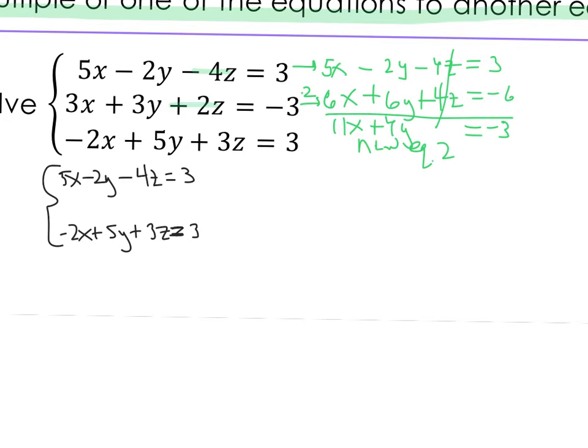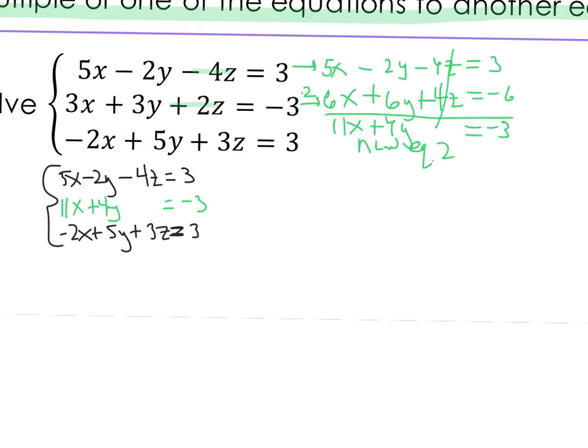Remember, I'm going to take the new equation 2 and put it in the position of equation 2. So equation 2 is now 11x plus 4y equals negative 3.